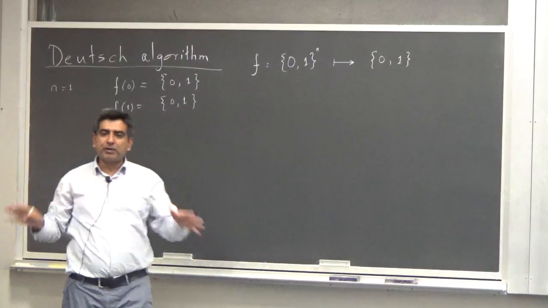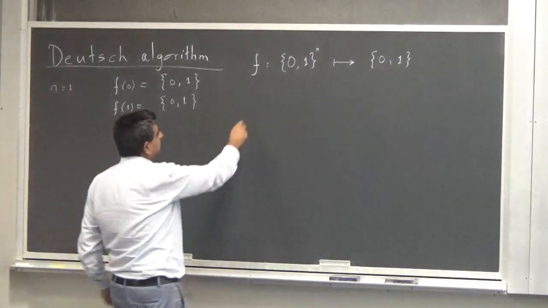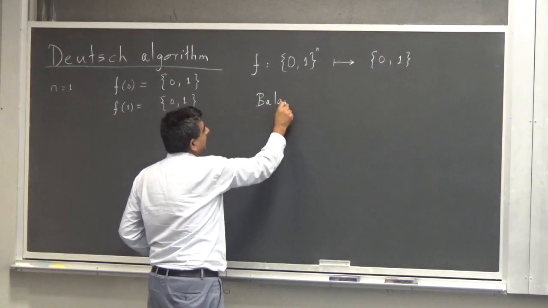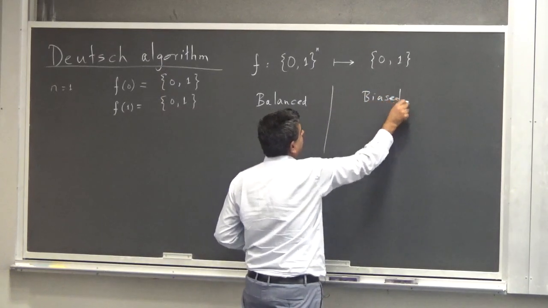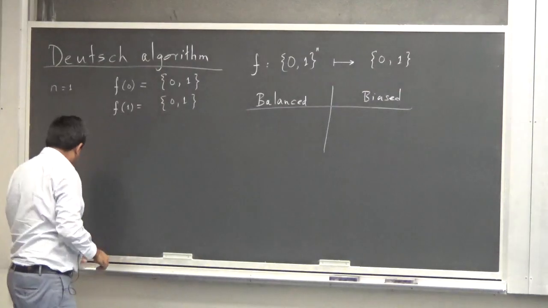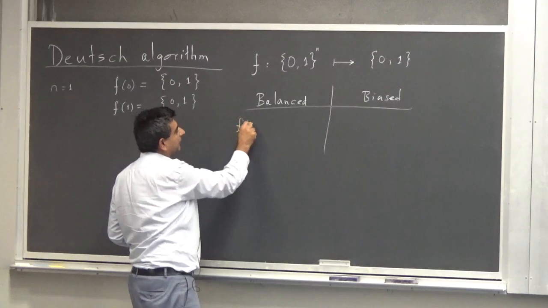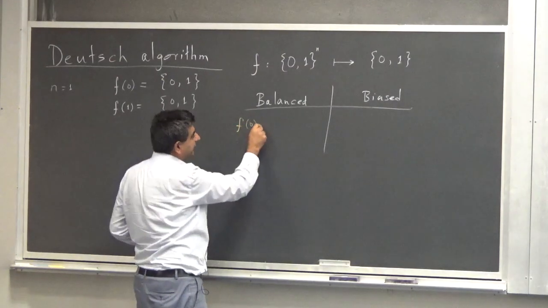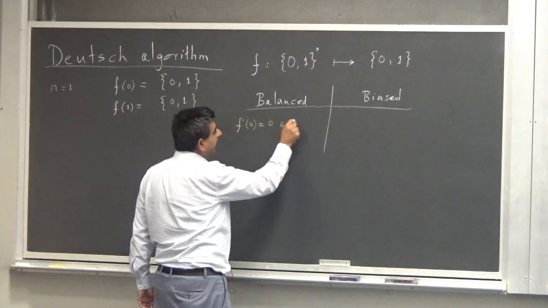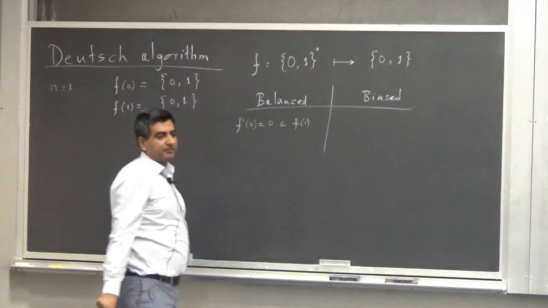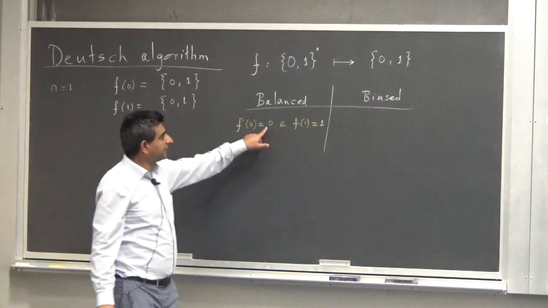Now I distinguish between two kinds of functions. One I call a balanced function, and the other I call a biased function. An example of a balanced function is that f acts on 0 and yields some number, say 0, and it acts on the other bit 1 and yields a binary digit 1, which is different from 0.